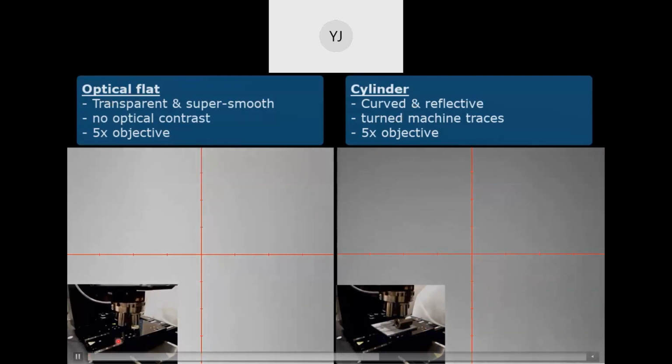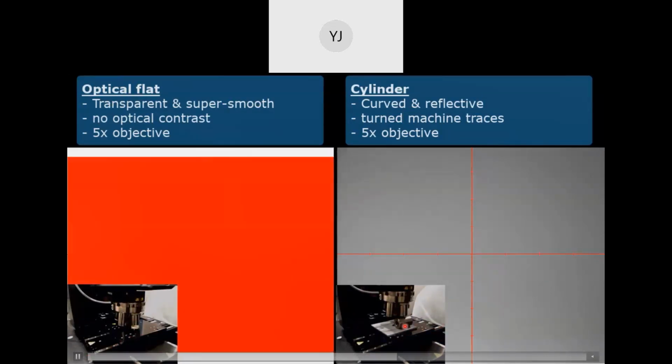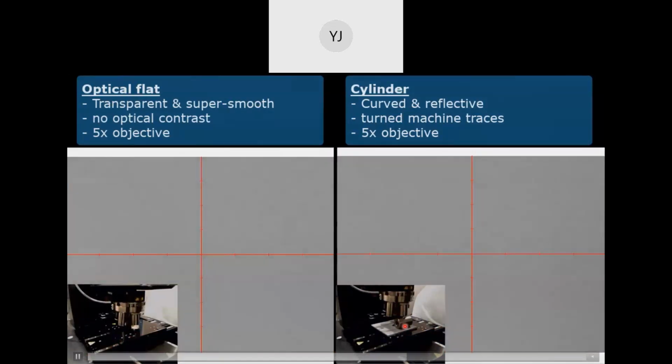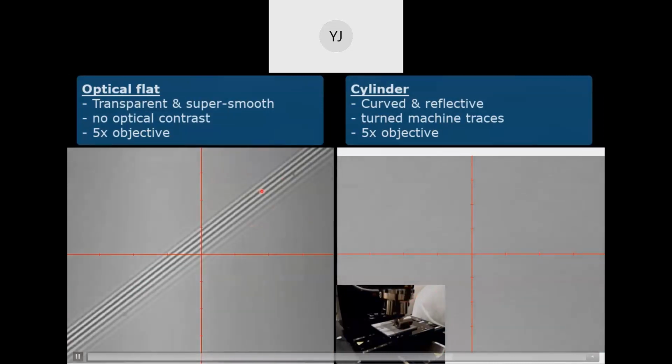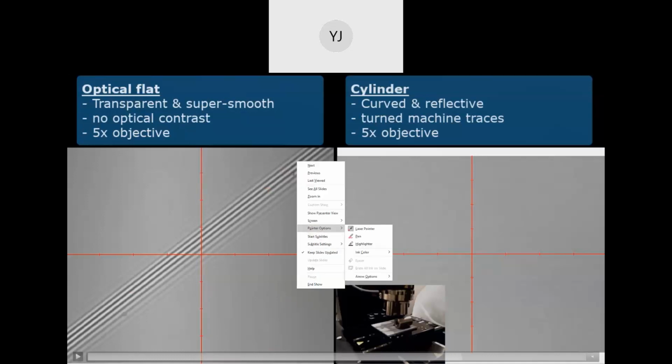You have the optical flat sample, and you have the cylinder samples here. Again, the same concept. You put it, you bring the objective to a safe distance, then press find surface. The system will calibrate and find the surface and adjust to get these nice interference fringes, right?